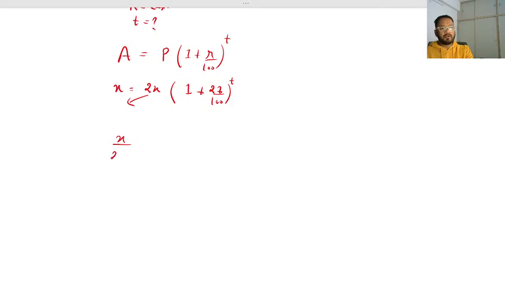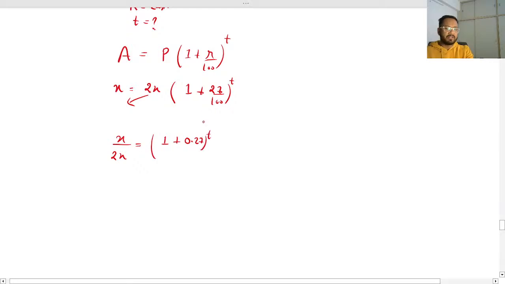So x upon 2x will give you 1 plus 0.27 to the power t. 27 upon 100 means 0.27. So x and x can be cancelled. 1 upon 2 is equal to 1.27 to the power t.